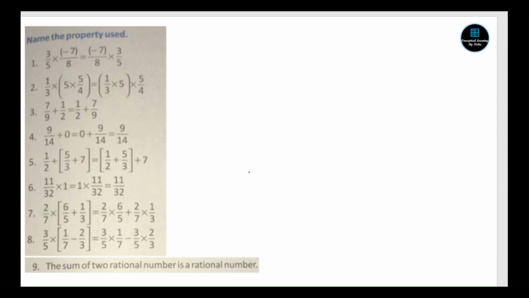Now here we have to mention which property is used to solve this. So if you observe these numbers, the places are interchanged, means commutative property, right? Now tell me which property is used. Yes, if you see the group is changed, right? The numbers are the same as they are, only the brackets' place is changed, means associative. Okay, and then here again the numbers are interchanged, means commutative.